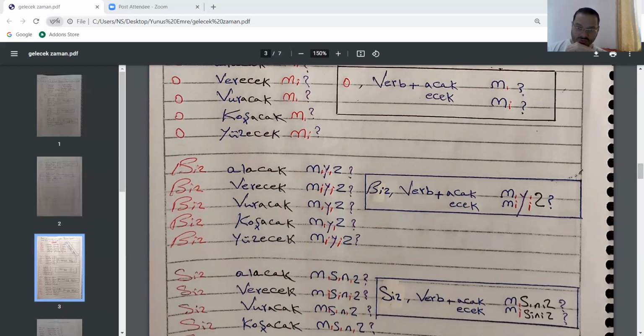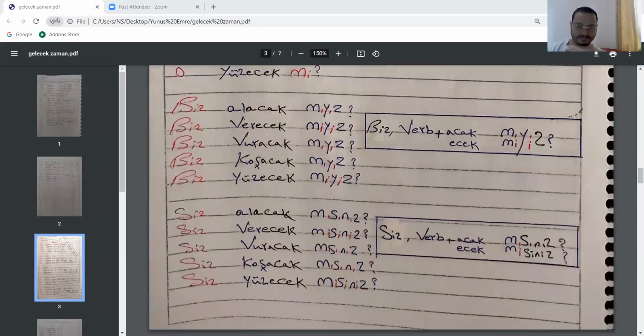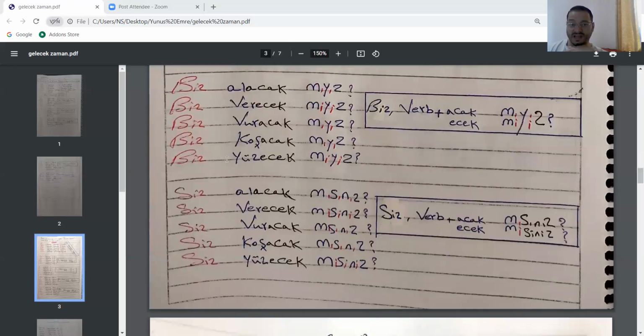Here, I used another color for a reason: to note that we have two following vowel letters. It's similar to ben, but here it is delta Z instead of delta M.